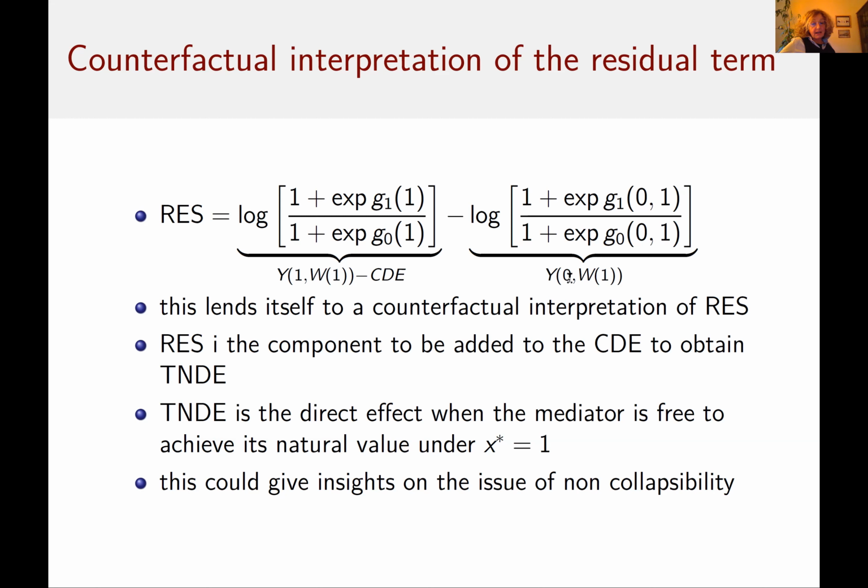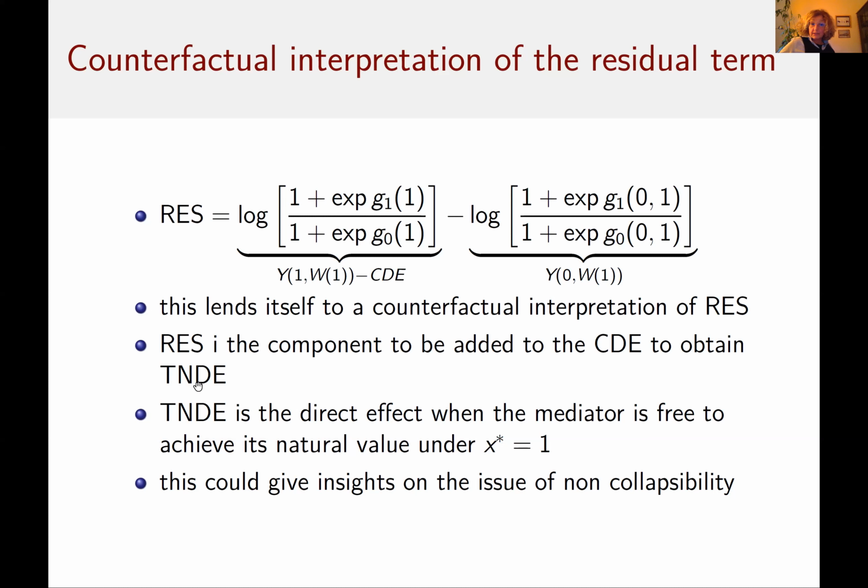And this is not really counterfactual, but the counterfactual part comes here, because in this second term, you are conditioning on 0 for the purposes of the direct effect, and conditioning on 1 for the purposes of the indirect effect, the one which is mediated by W.